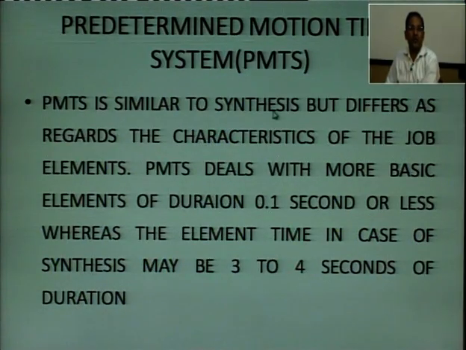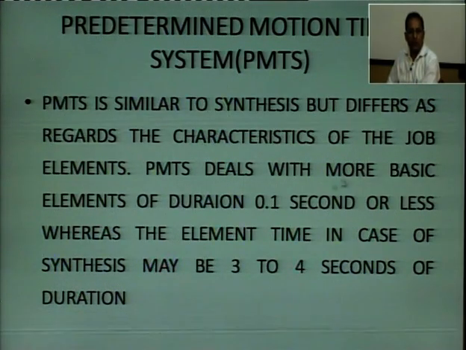PMTS is similar to synthesis, but differs as regards the characteristics of the job elements.